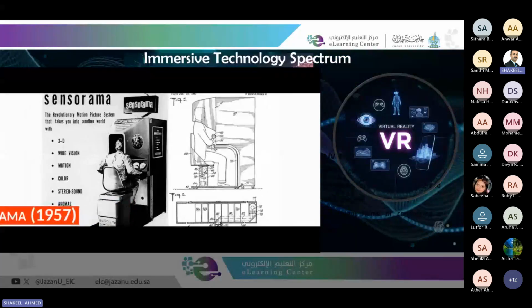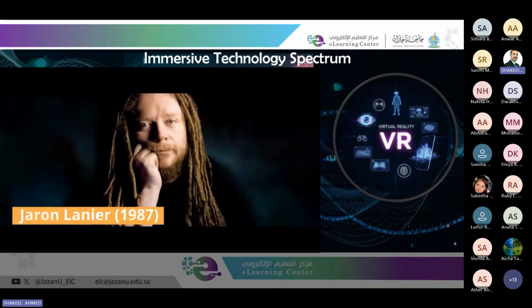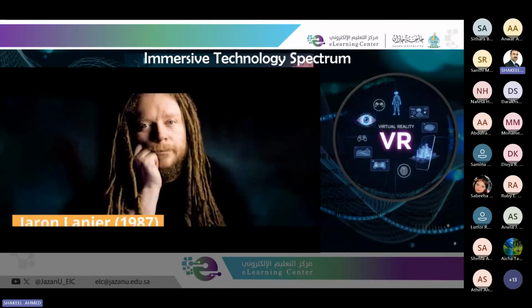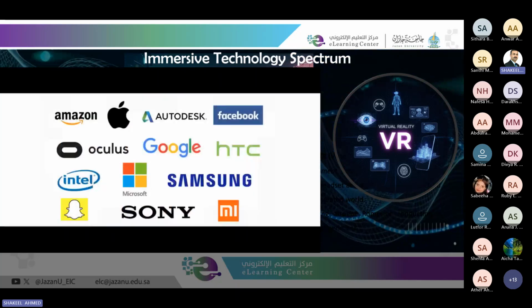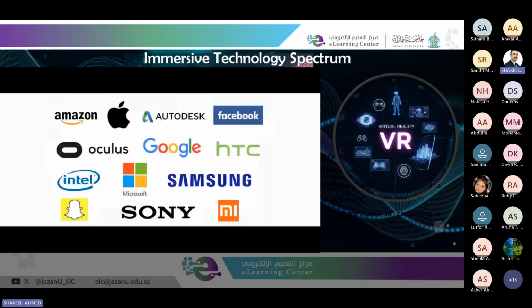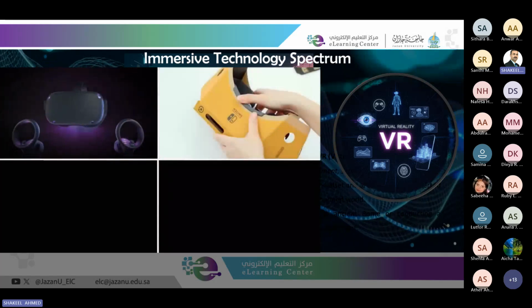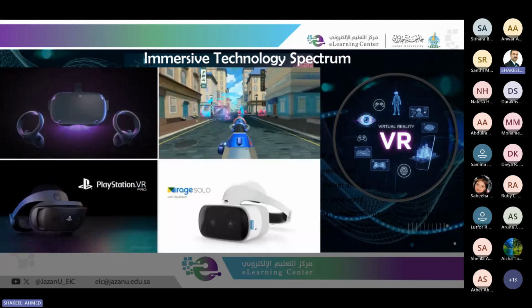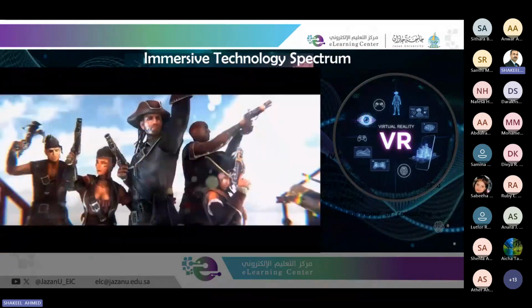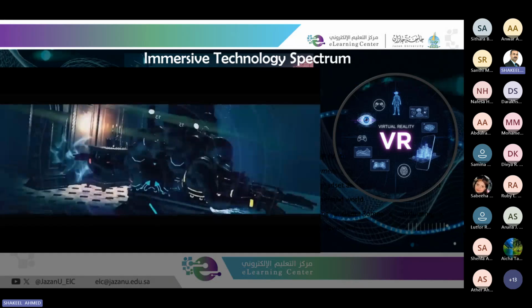However, the term virtual reality was coined later by Jaron Lanier in 1987 during his intense research on this evolving technology. A lot of companies are investing billions of dollars in the VR sector. Some of the best VR products are Oculus Quest, Nintendo Labo VR Kit, Sony PlayStation VR, Lenovo Mirage, and many more. These gadgets enable an individual to immerse in a digital environment to experience a world which is different from reality.